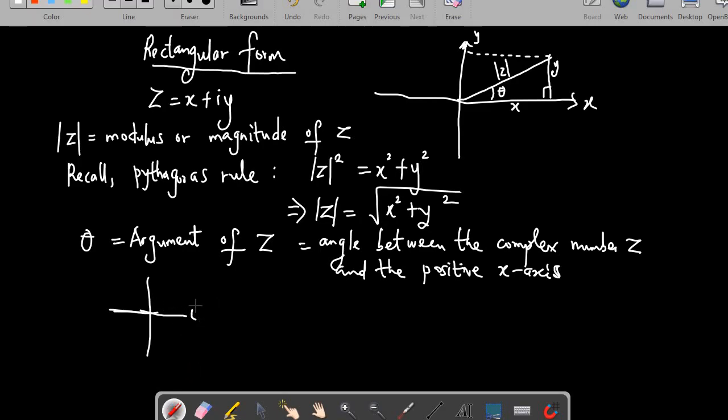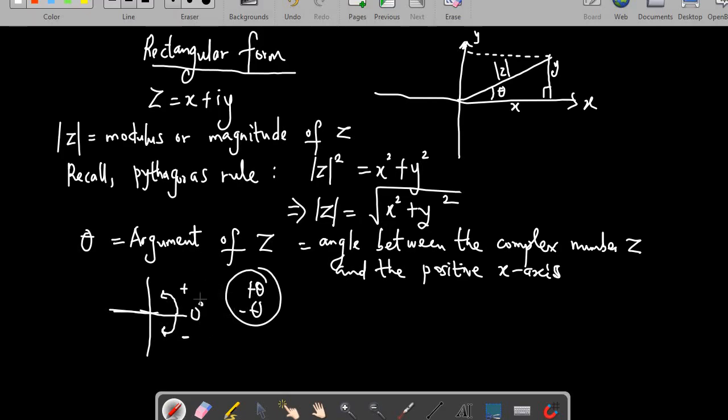This is the 0 degrees mark. If I move this way, which you can call anti-clockwise, I have moved positively. If I move this way, I have moved negatively. So every angle has its positive equivalent and its negative equivalent. Please take note of that.